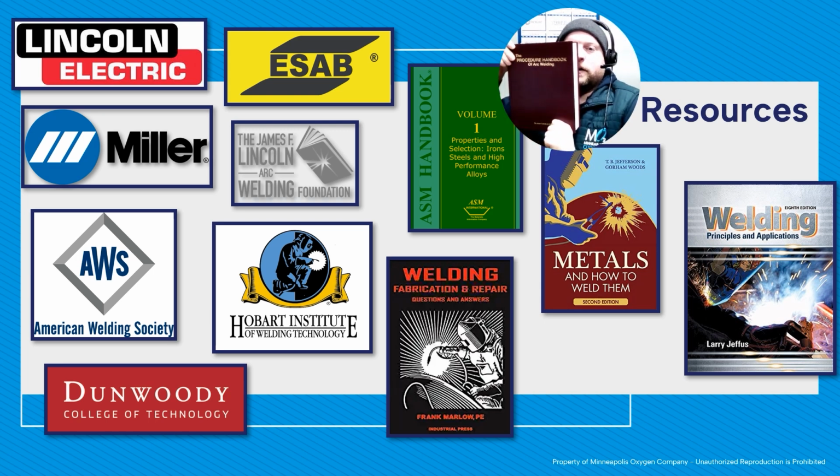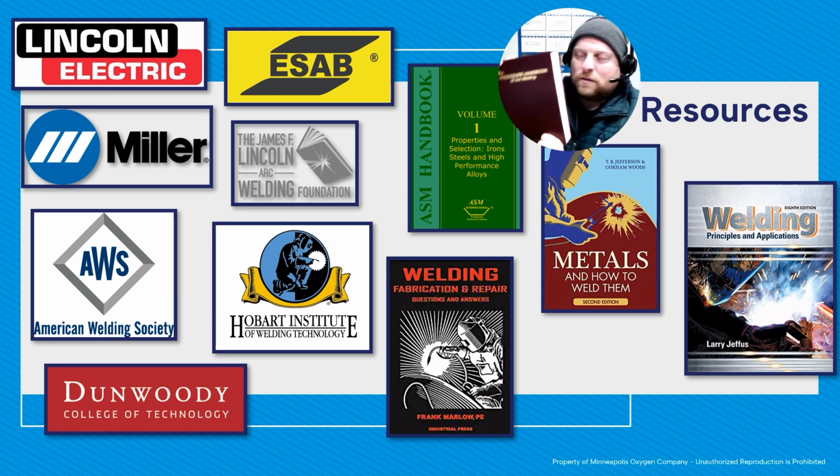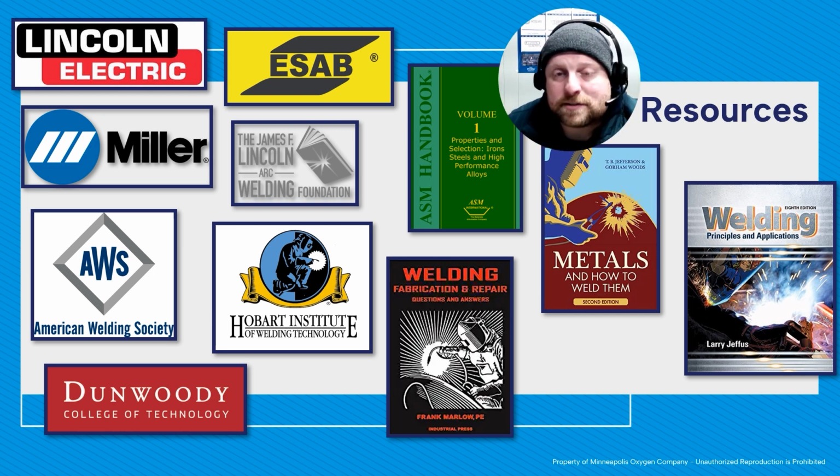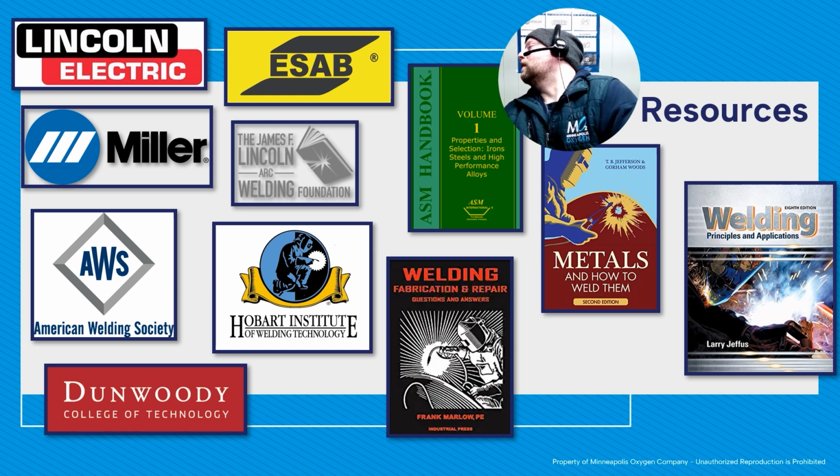There you go, The Procedure Handbook of Arc Welding. This thing is so useful, and the Lincoln Foundation offers them at very reasonable prices. If you're looking to build out a reference library, the 2 books I would first suggest, at maybe $50 total, would be Metals and How to Weld Them, and the Handbook of Arc Welding.